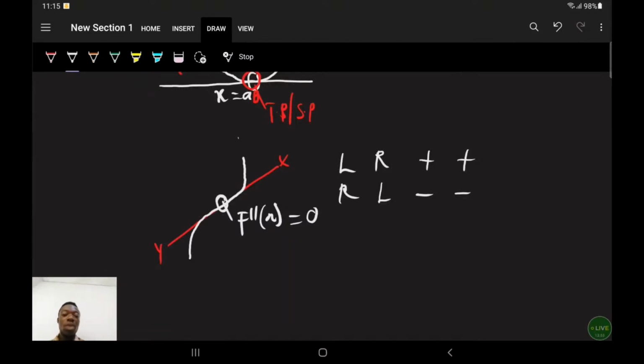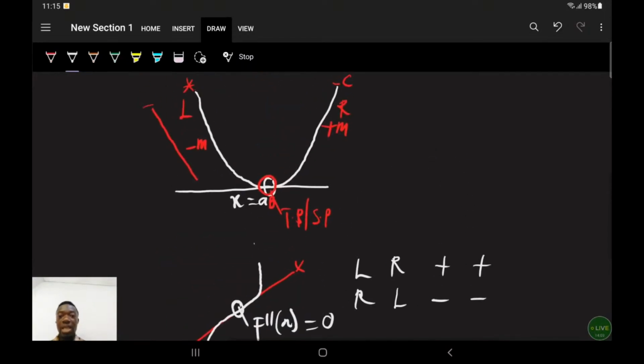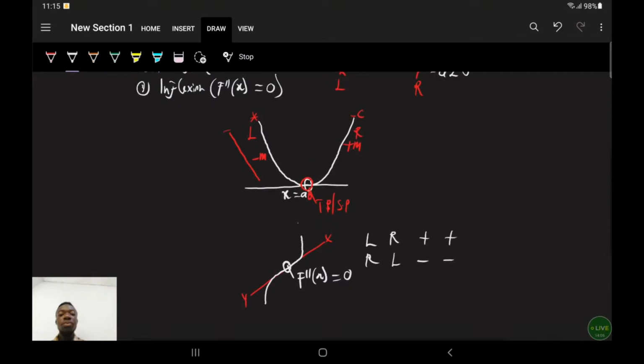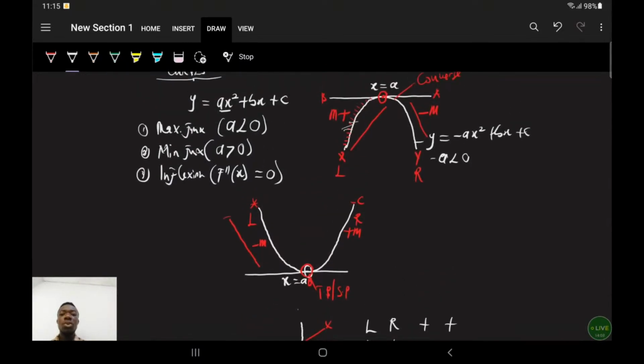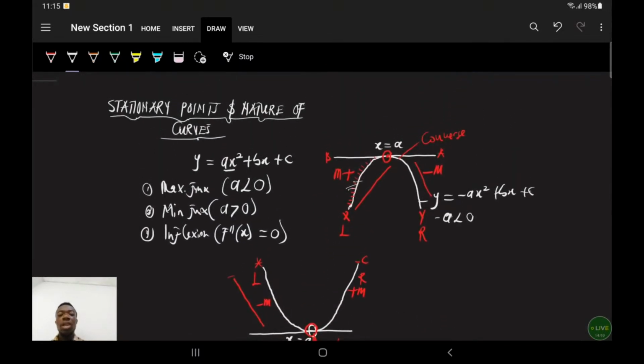No, that won't happen. With inflection, it is either positive positive or negative negative in terms of movement from left towards right. So that's what we call the point of inflection. At least a brief idea of what we are actually talking about. So that's the whole idea when it comes to the nature of the curve that we want to understand.